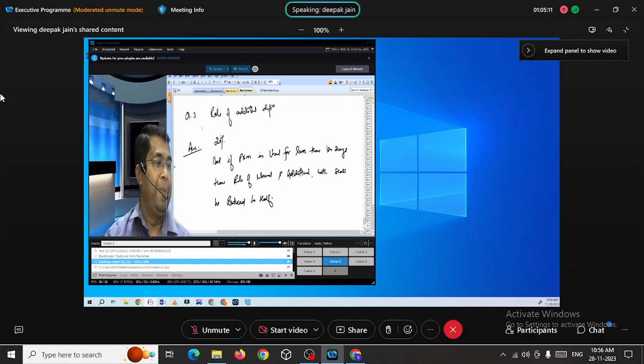So if the plant and machinery is used for less than 180 days, then rate of normal and additional depreciation both shall be reduced to half.